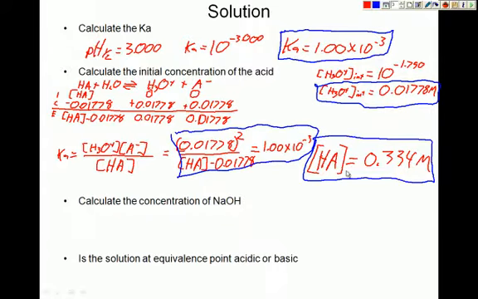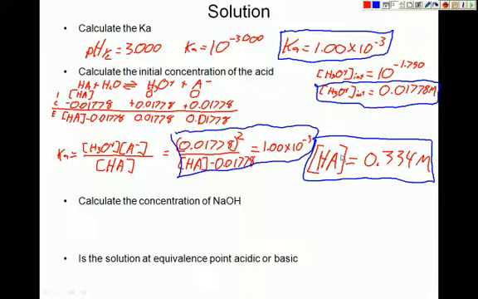Okay, 0.334. Now moving on. I know this page is getting a little bit cramped, but now we want to calculate the concentration of NaOH.